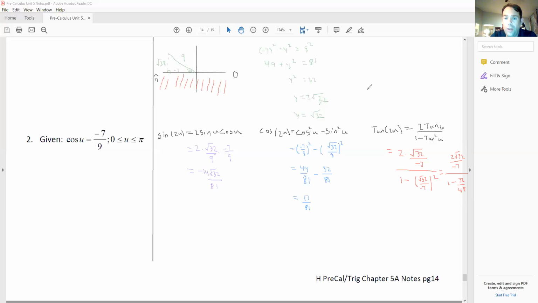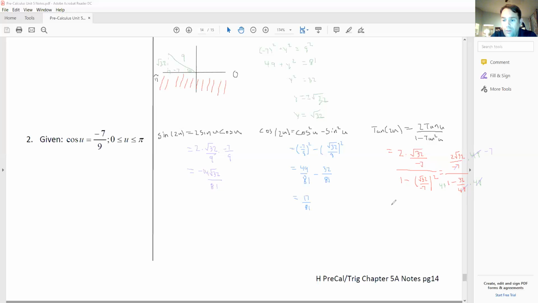So we're going to multiply everything by 49. And let's see here. That's going to leave me with negative 7 up here. These will cancel out.